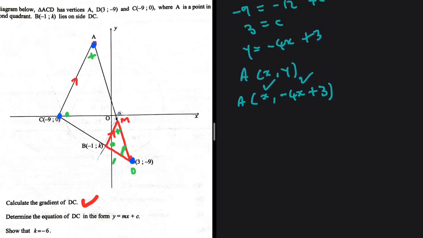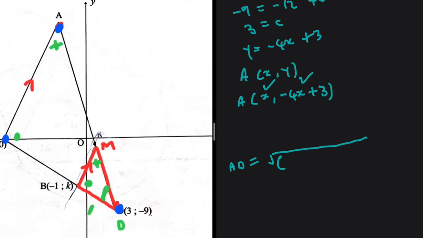So we can say that AD is equal to the square root of x2 minus x1, all squared. Let's take D as our second point. X2 is going to be 3, so we have 3 minus x squared. And then plus y2, where y2 is minus 9, so we have minus 9 minus of minus 4x plus 3, which is plus 4x minus 3.